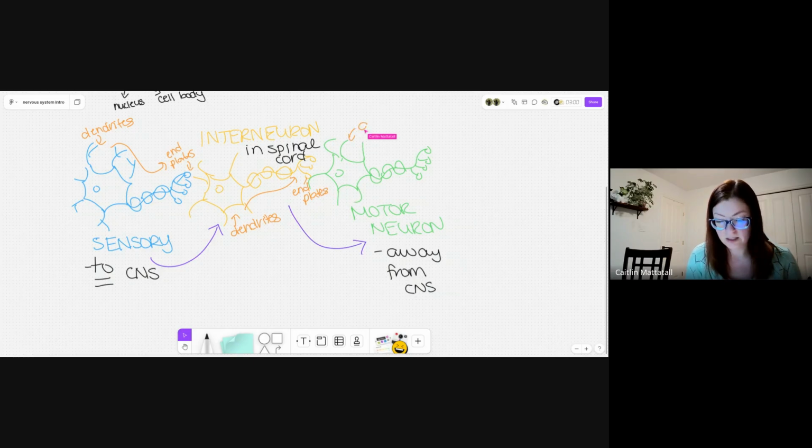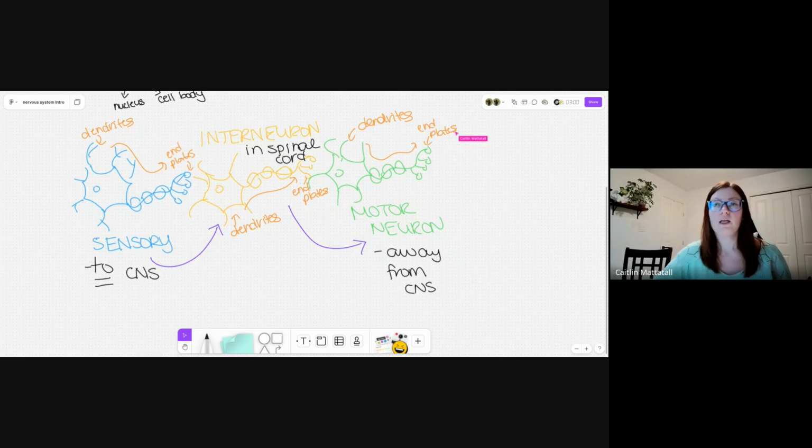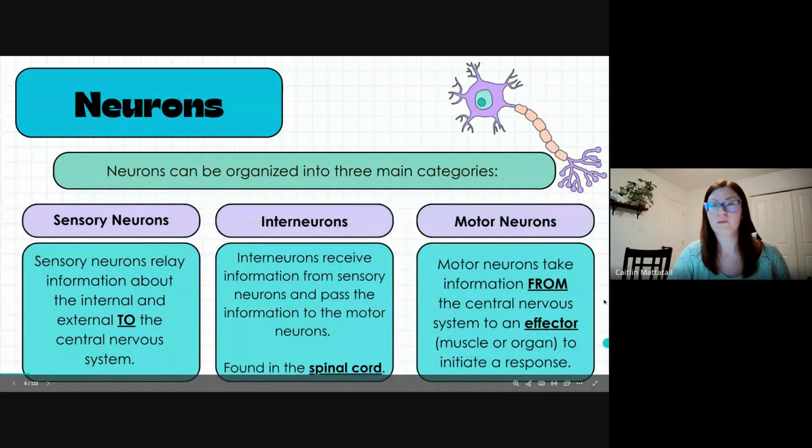And then to the dendrites of the next one, travel to the end plates. So hopefully we're realizing that dendrite to end plate is important. All right.